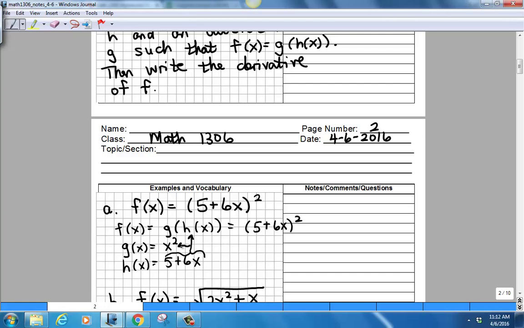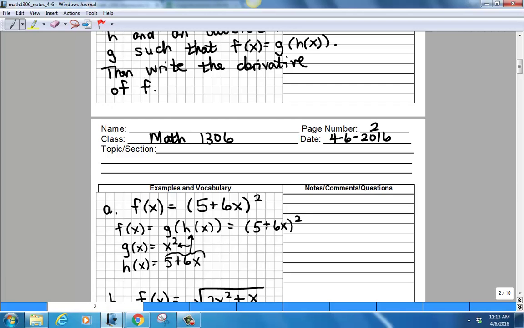Does that give me the original function that I was starting with here, f? Is this the same as this? Sure, right. Okay, those are the same. So I did manage to write down these two functions, g and h, so that when I compose them, I get this original function f. All right?